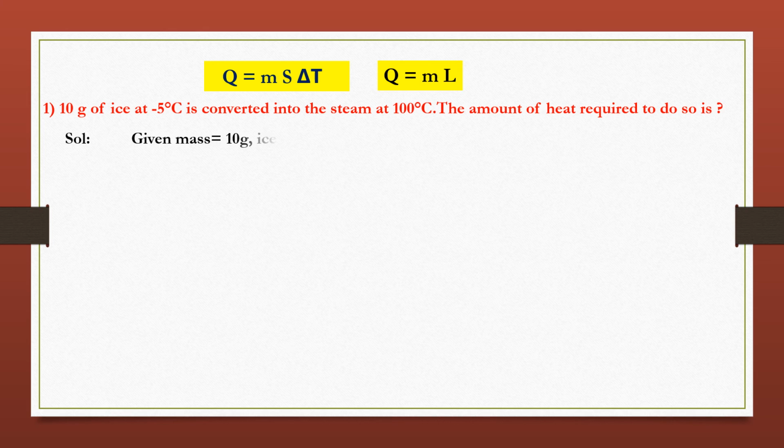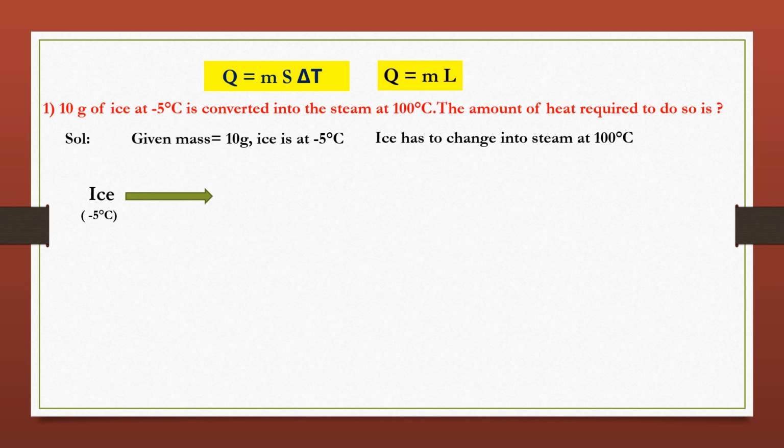Given mass as 10 grams and ice is at minus 5 degrees Celsius. It has to be converted into steam at 100 degrees Celsius. First, the ice is at minus 5 degrees Celsius. If we heat this, the temperature increases and the ice reaches 0 degrees Celsius.